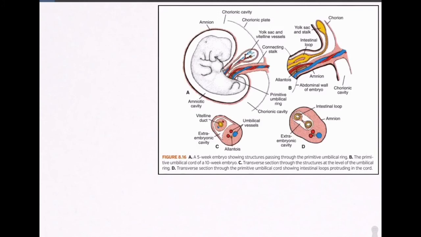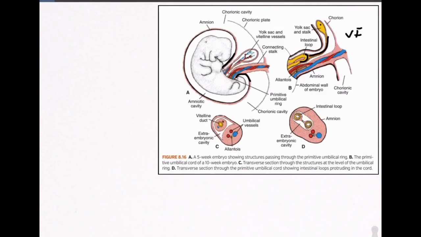Before we summarize everything, I just wanted to talk a little bit about the umbilical cord. So you can see that over here. The connecting stalk eventually develops into what is known as the primitive umbilical ring. And in the early stages, we have a stalk that connects the developing gut tube to the yolk sac, and this stalk is known as the vitello-intestinal duct. We've spoken about this before.